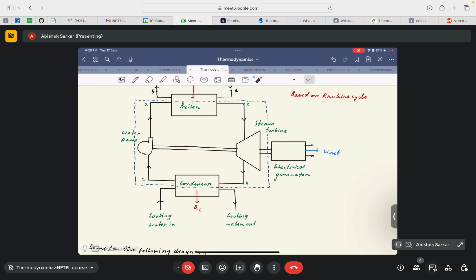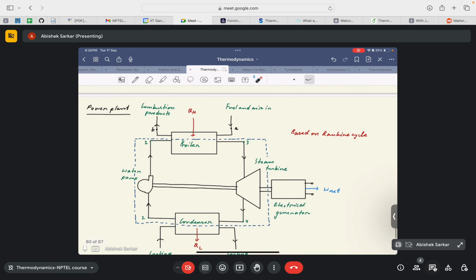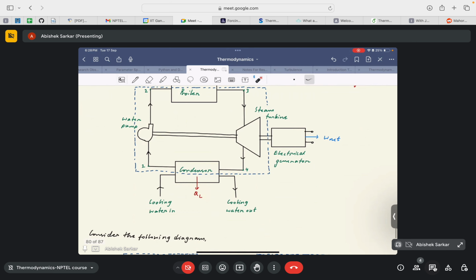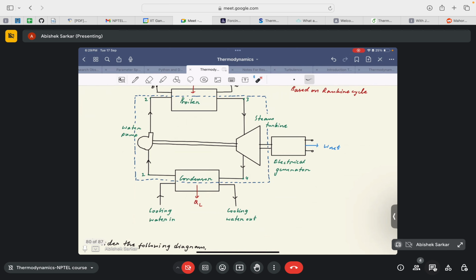Since heat is given to the boiler at a higher temperature, it is denoted as QH. Similarly, the condenser rejects heat at a lower temperature, so it is denoted as QL. Then this condensed liquid is given to a water pump, which pumps it back to the boiler where it is again heated, and this cycle continues.